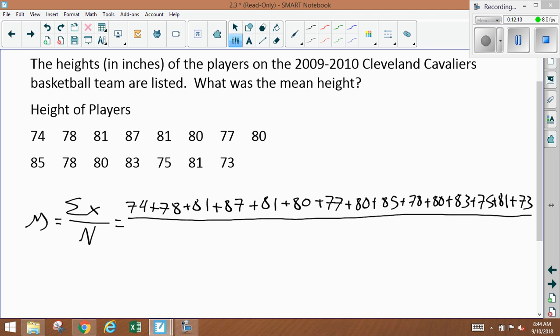All of that is divided by our number of entries, or the number of players on the entire team, right? 1, 2, 3, 4, 5. Is there 15? Everybody agrees?